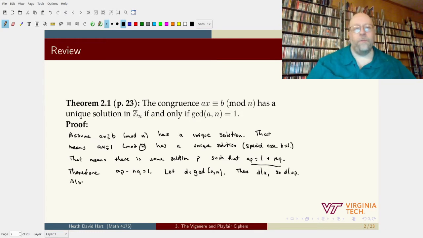Also, D divides N, so D divides NQ. But since D divides AP and NQ, then D has to divide AP minus NQ. But that means D divides 1.